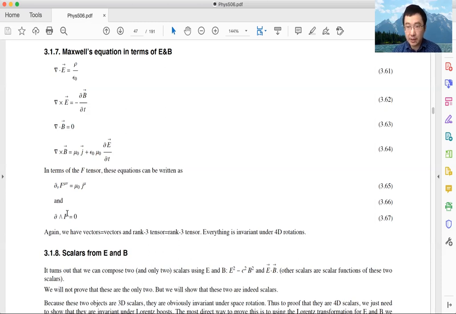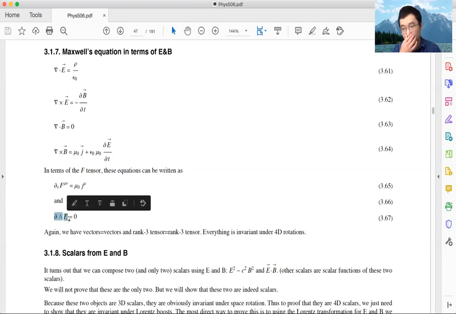Okay, so in the last lecture we defined the exterior product between two 4D vectors. It turns out this exterior product can be generalized to vectors and tensors, tensors and tensors, etc. And here the product between the derivative and F mu nu is actually the exterior product. If you do an exterior product between a vector and a rank 2 tensor, this is actually a rank 3 tensor.